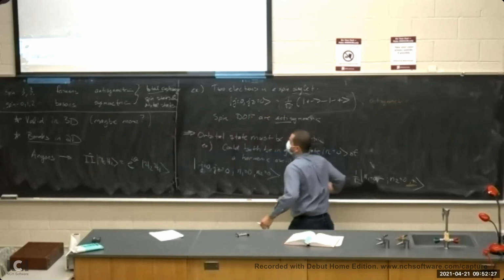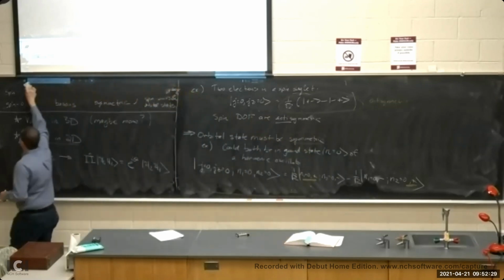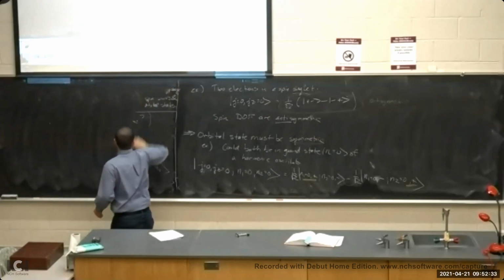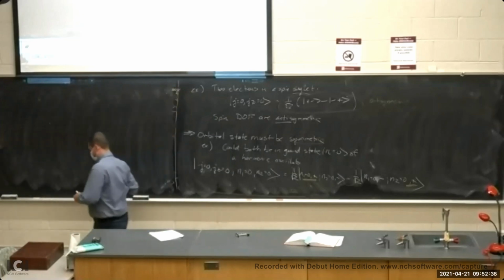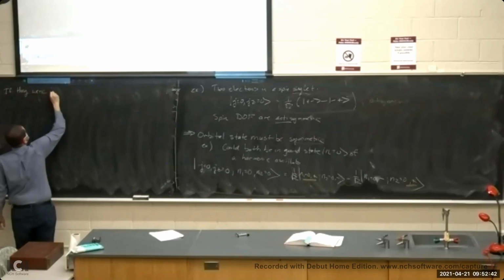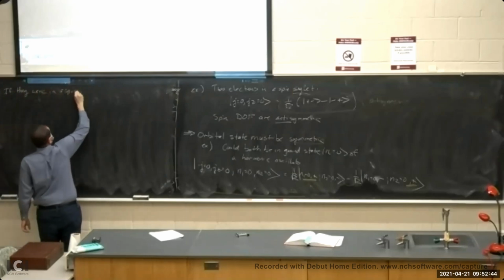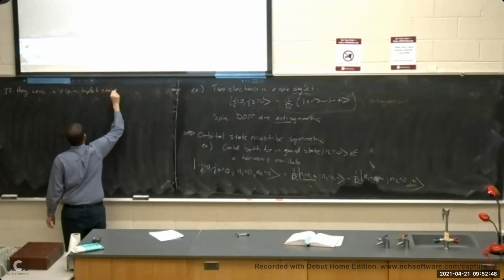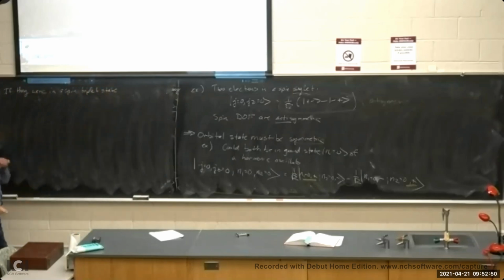On the other hand, if the electrons were in a spin triplet state, it doesn't really matter which one because all of the triplet states are even under exchange.